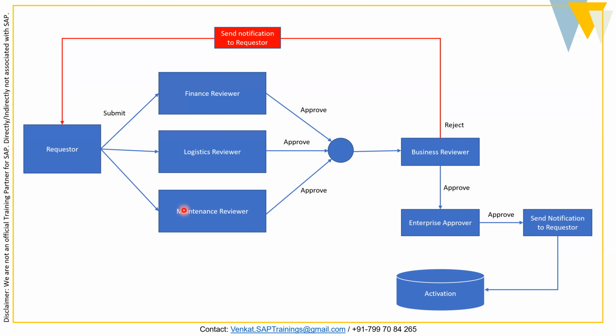And here there is one more add-on requirement that we will discuss during the business rules session. I just want to let you know: everyone doesn't get access to edit all the views. The finance reviewer gets access to edit only specific UIBBs. The logistics reviewer also gets access to edit only specific UIBBs. Because if everyone is able to edit all the views, then there is no point of 3 people, right?